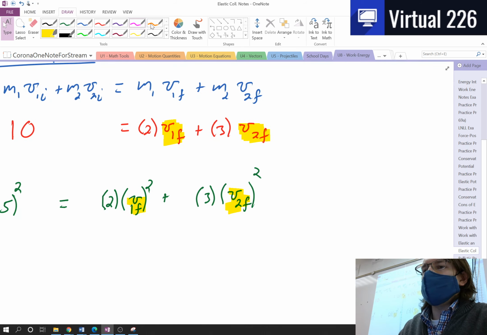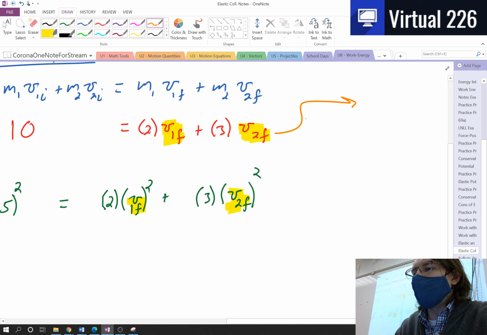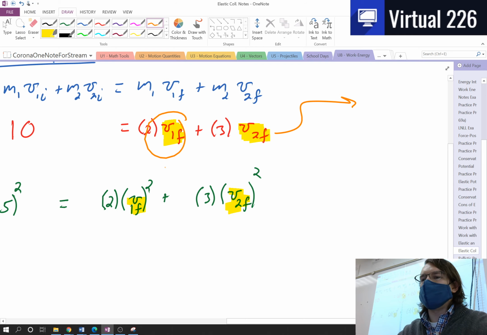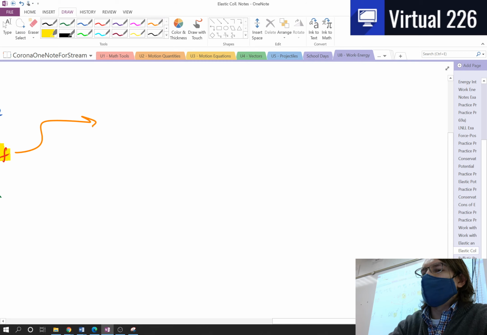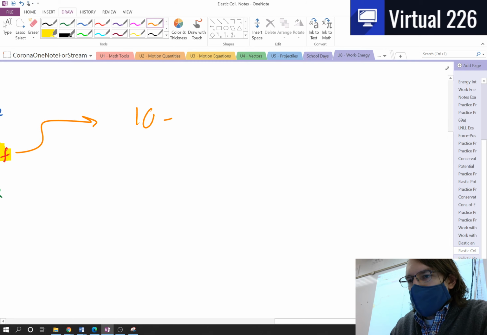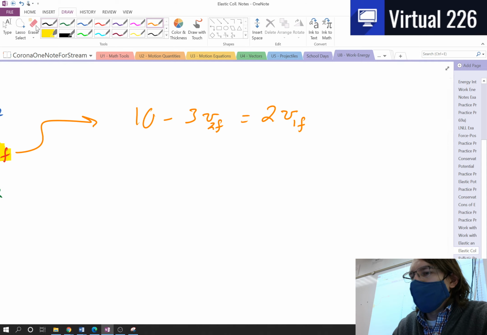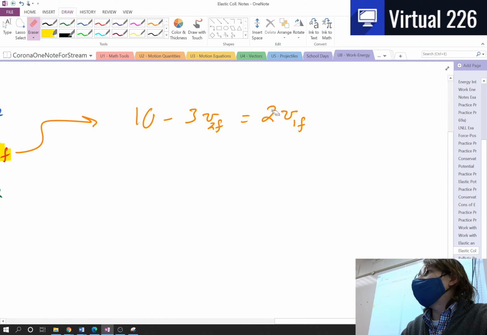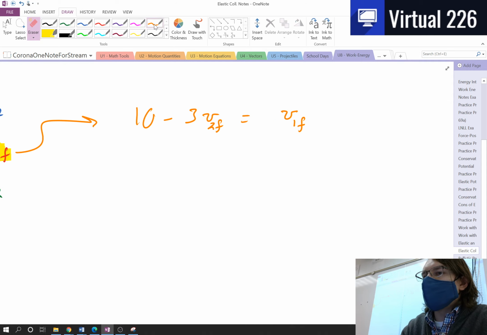First thing we're going to do is rewrite this momentum equation, but solve it for the final velocity of our projectile, okay? To do so, I need to subtract 3 times the target final velocity to the left. So I'm going to get 10 minus 3 v2f equals 2 v1f, and then I'm going to divide by 2 so that I can get just v1f.